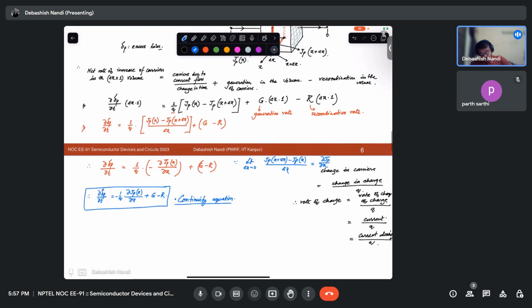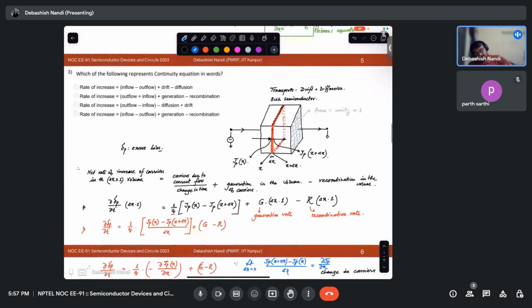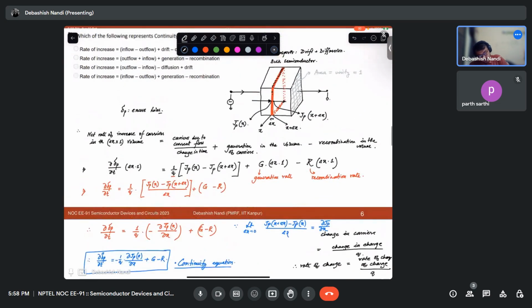So you have this. What will be the answer for continuity equation? We have rate of increase should be inflow minus outflow. Okay, let me just write it down. This is rate of increase. This is inflow.